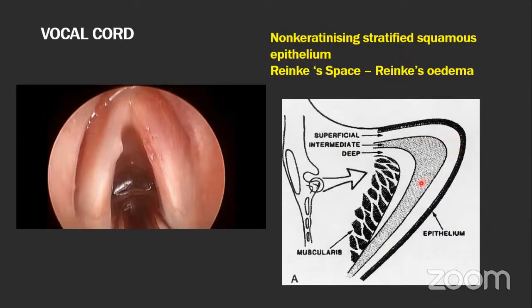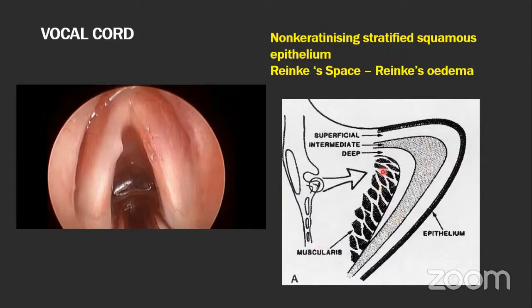And this Reinke's space is only scanty submucosa without any blood vessels also. So this epithelium along with Reinke's space is working as a single unit, and we call it a cover. And this intermediate and deep layers together are called the vocal ligament.